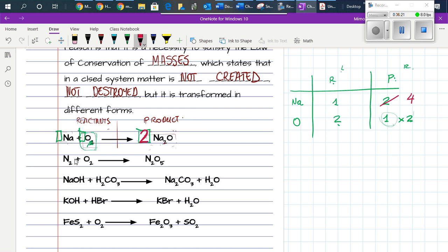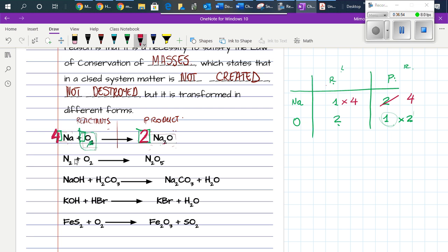Therefore, to balance the sodium on the reactant side, which is 1, we have to multiply it by 4. Multiplying it by 4 means that we add a coefficient of 4 in front of the compound that has sodium on the reactant side.